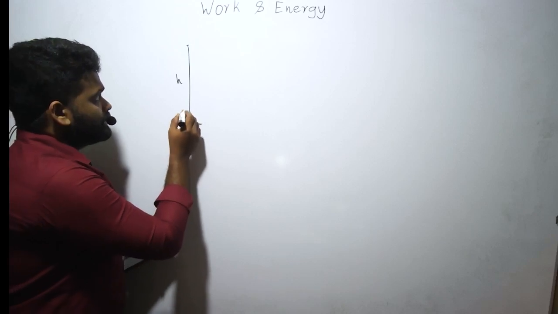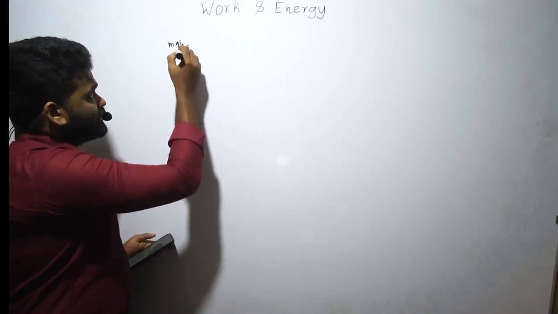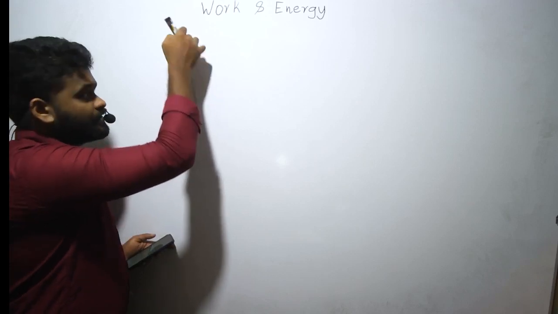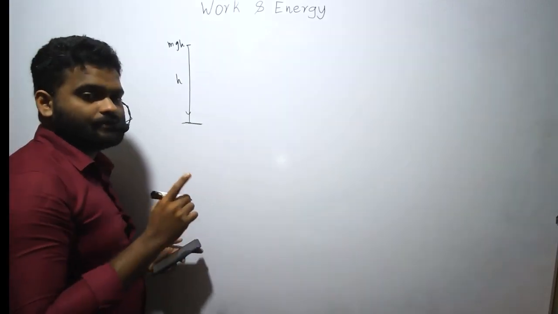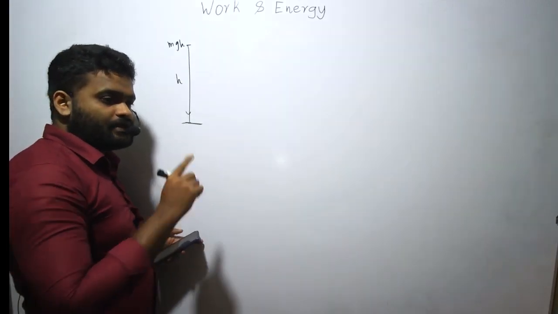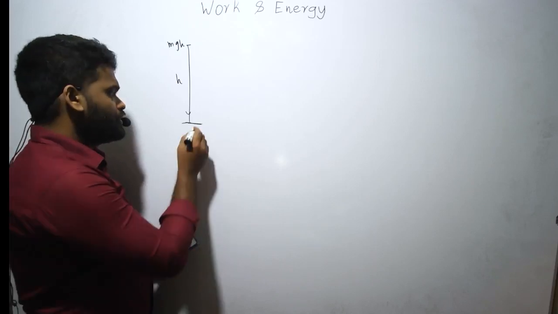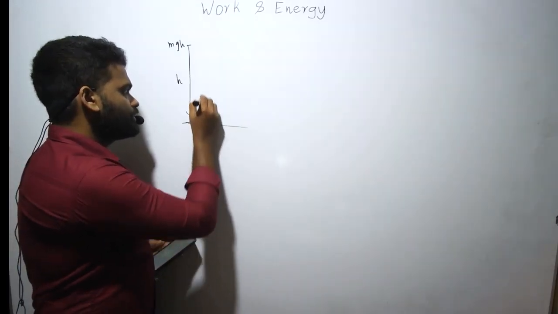Okay, so let's say we had a potential energy mgh, which is the total energy actually. So it is released, so it comes down. So 25% of the energy is lost, so the remaining energy is 75%. Using the remaining 75%, the ball goes up.